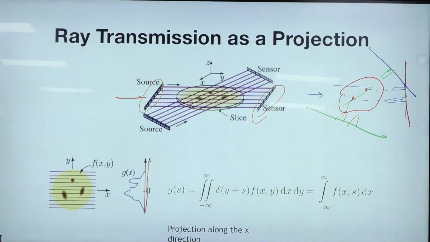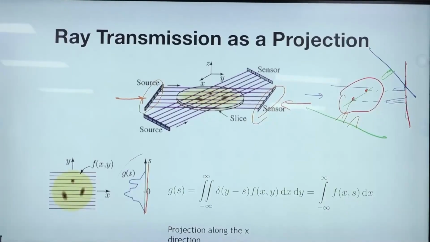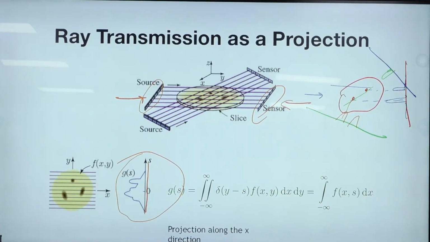When you make a measurement with this sensor, it looks something like this. For example, this dot here corresponds to this peak here. This and this combined together form this blob over here. That's the projection. I am saying this qualitatively. There is a more mathematically precise way of saying that.